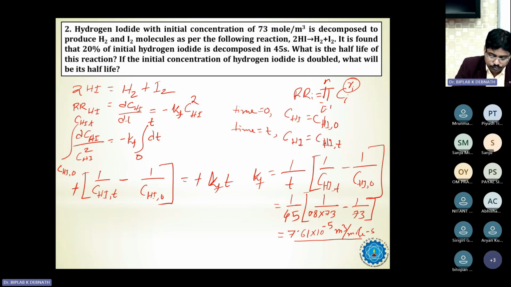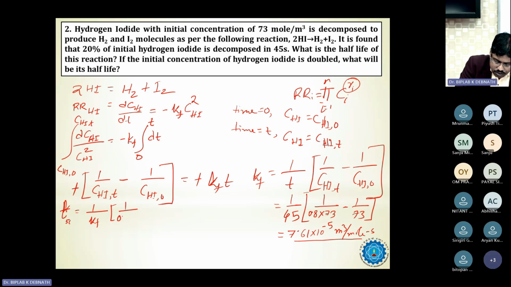Okay. So what we have found out is the reaction rate, then what is the half life of the reaction? So for the half life of the reaction, same way, just in this case it will be 0.5 of 73. So for the half life calculation we need to find out the time. So time is equal to 1 by kf into 1 by 0.5 into 73 minus 1 by 73.